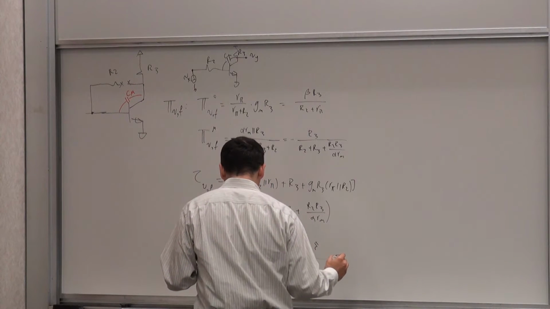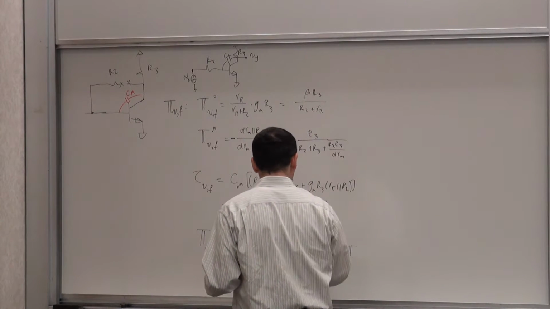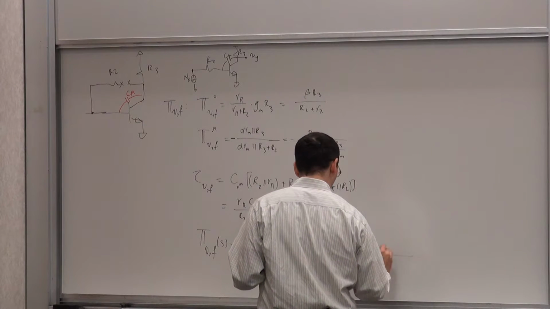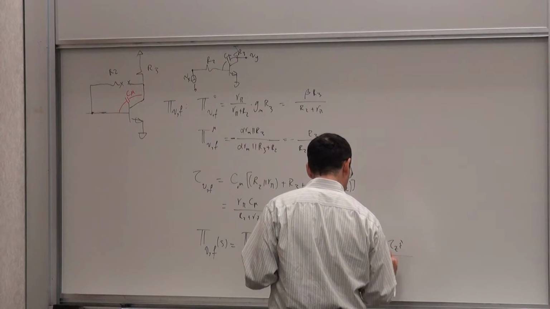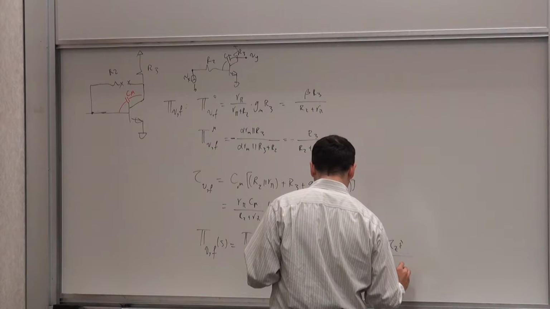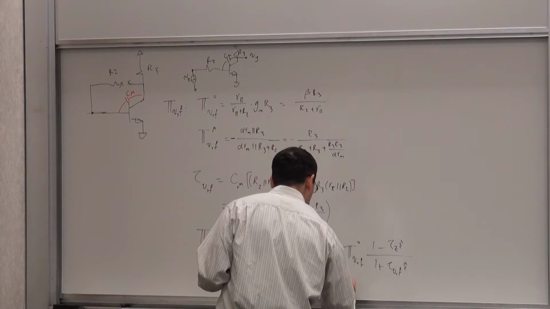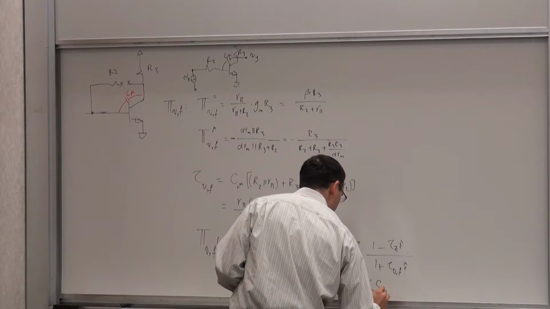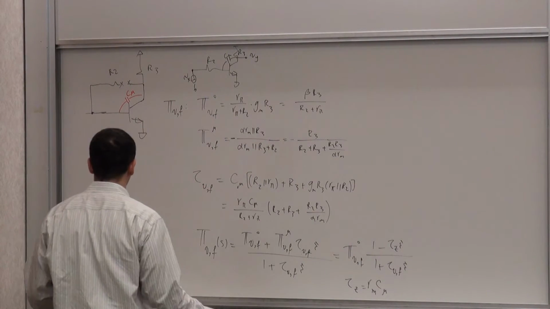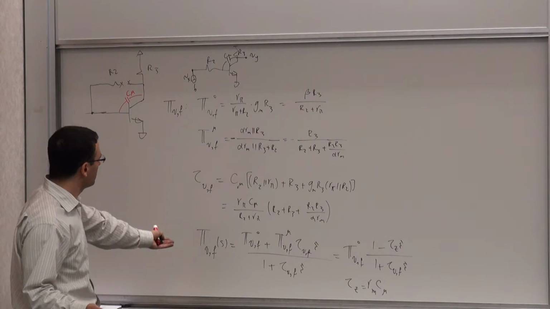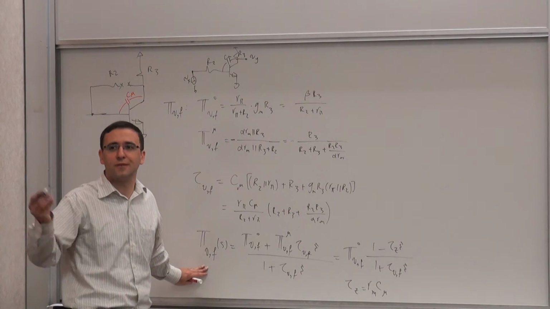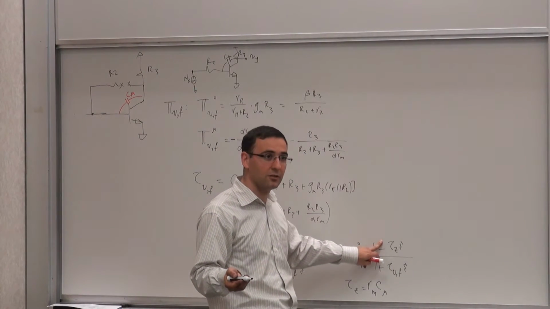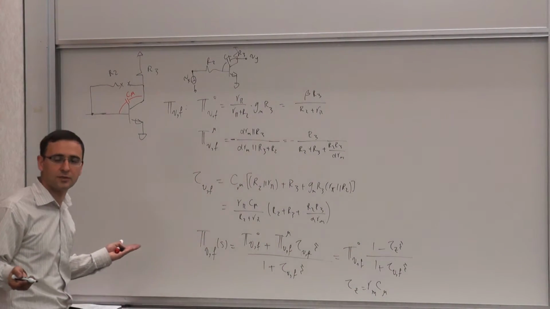If you factor this out, it becomes TVF0 times 1 minus tau Z S over 1 plus tau VF S. And tau Z is actually relatively simple. It's Rm C mu. So that is your first order transfer function for your forward voltage loop gain as a function of frequency. It has a zero and a pole: a right half plane zero and a left half plane pole, as we knew already for this system.